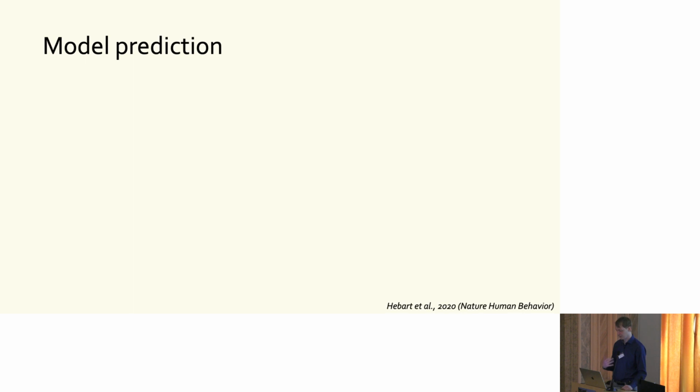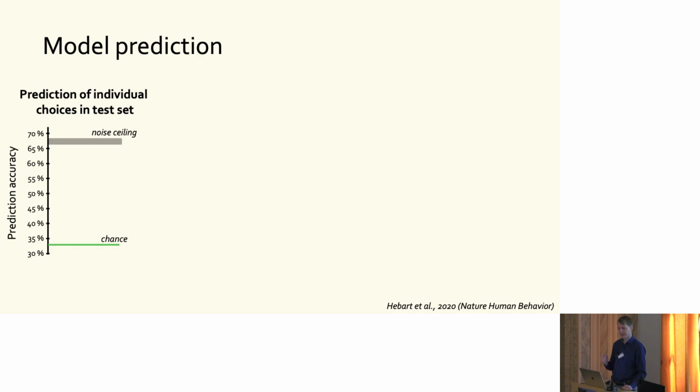Okay, so that's the model, how well does this actually work? What we wanted to see is how well we can predict individual trial behavior in this odd one out task. Can we predict each individual choice that a person is making from these only 49 different dimensions? So chance is here at 33%.